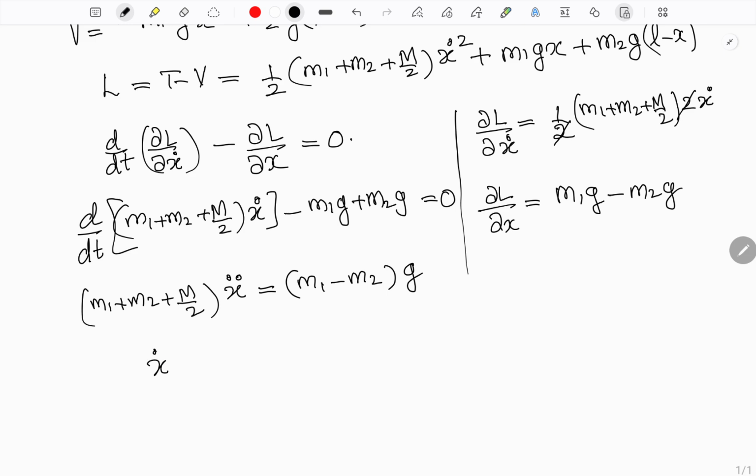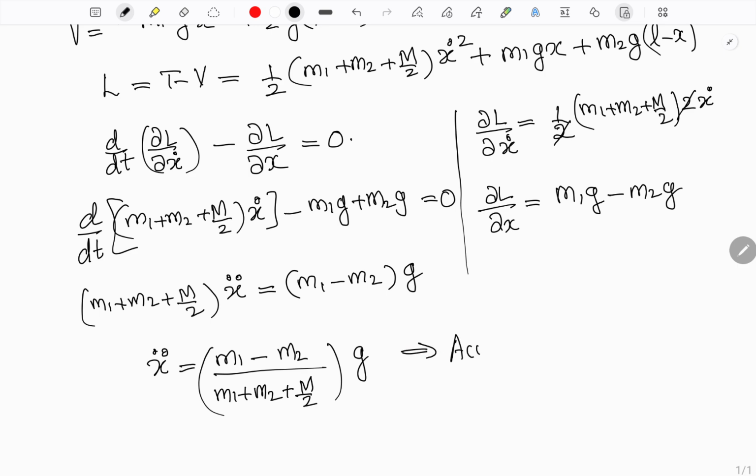So x double dot will be equal to (m1 minus m2) divided by (m1 plus m2 plus capital M by 2) into g. So here x double dot is the acceleration of the system.